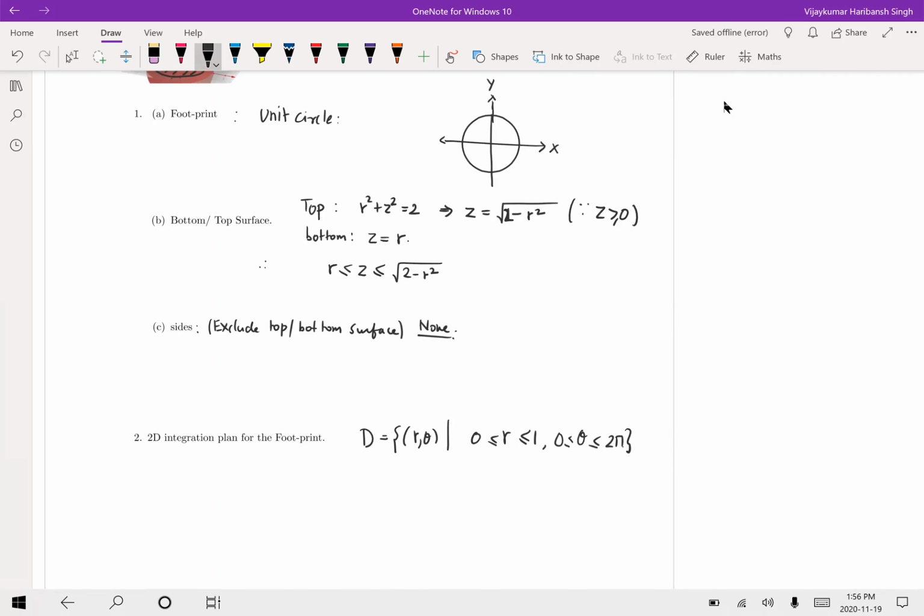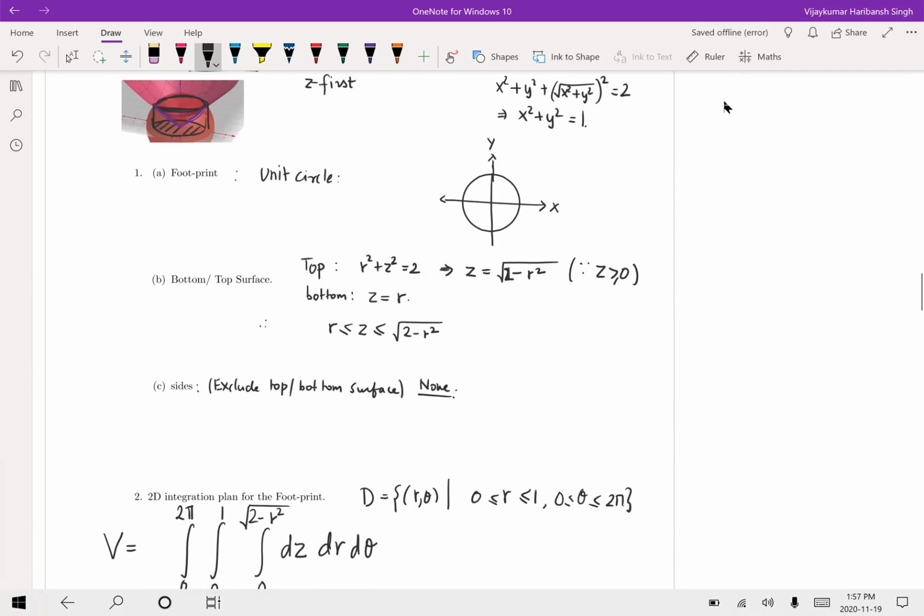So the volume is going to be, first goes z. So dz, z goes from 0 to 2 minus r squared. Then 0 to 1 for r, 0 to 2 pi for theta.